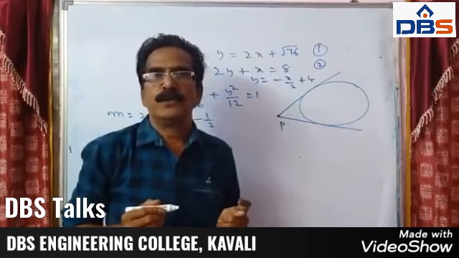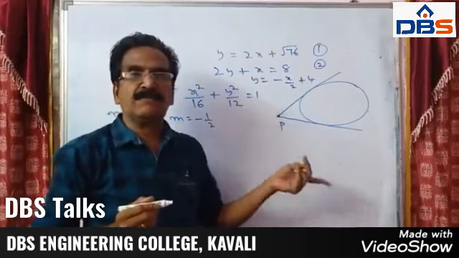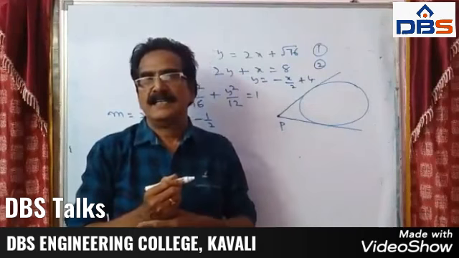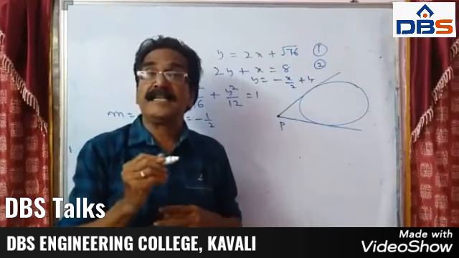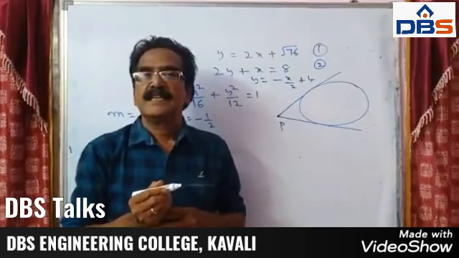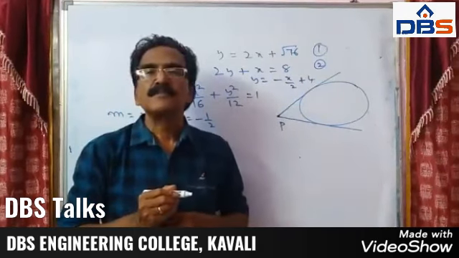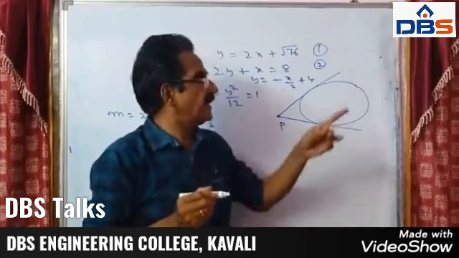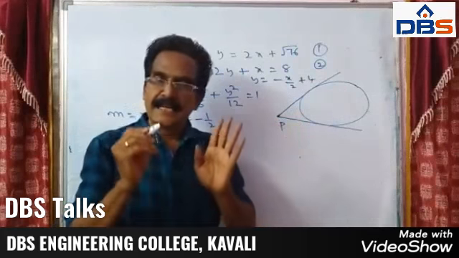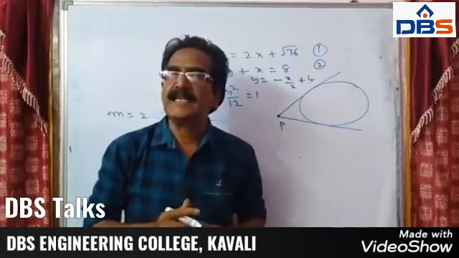Friends, we know the locus of the point of intersection of perpendicular tangents is called a director circle.